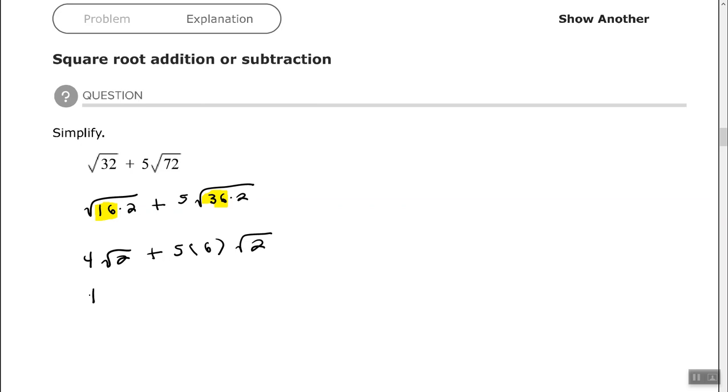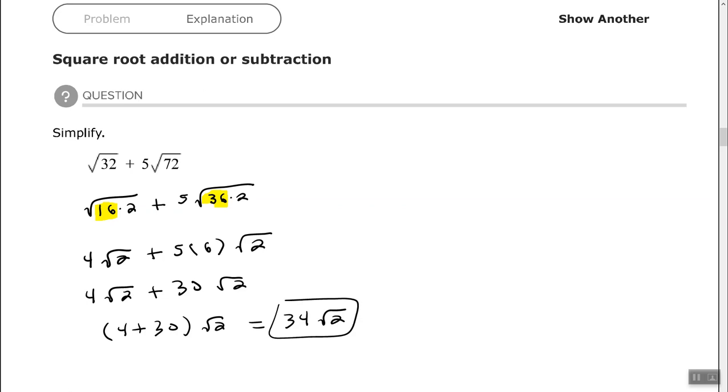Multiply the 5 times the 6 to simplify that. And since both of those are being multiplied times the square root of 2, I can say 4 plus 30 times the square root of 2 equals 34 times the square root of 2.